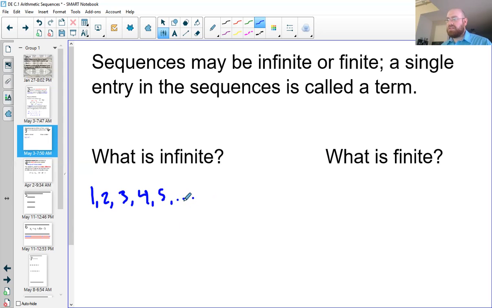So we represent going on forever by these 3 dots. It goes on forever. A finite sequence is something like 1, 2, 3, 4, 5. No dots means it does not continue. So keep in mind that our sequences could be infinite or finite.